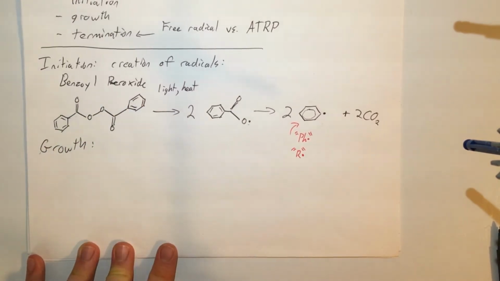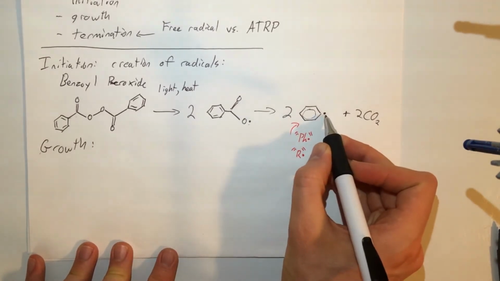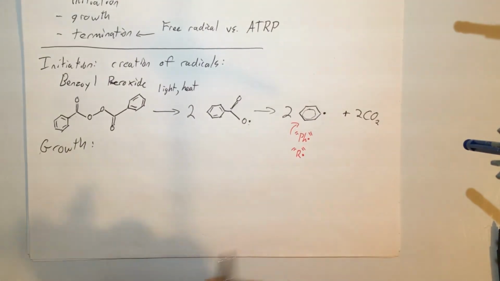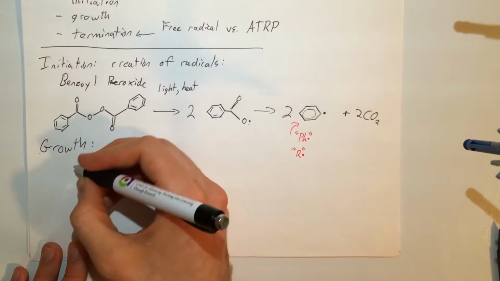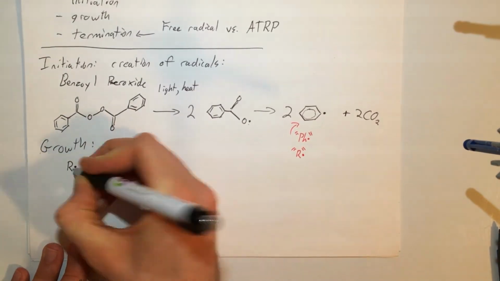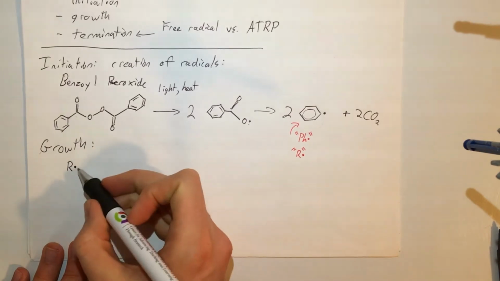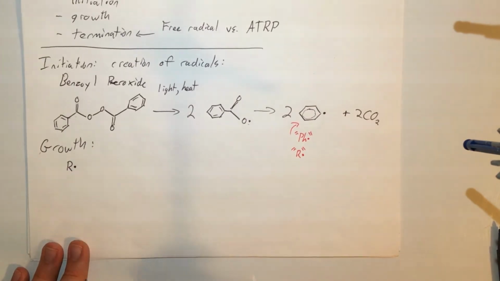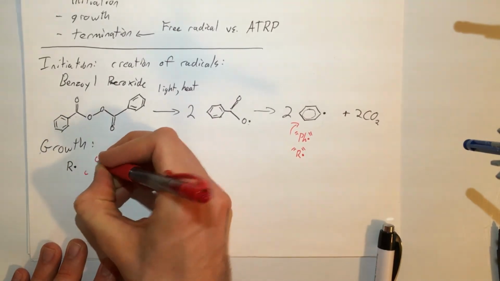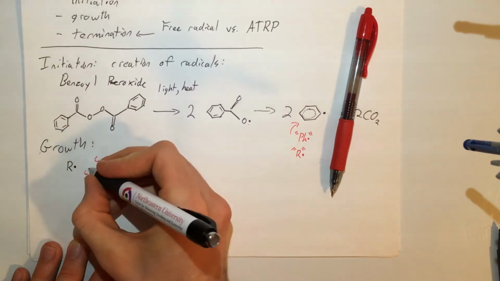And growth occurs in radical polymerization when this radical interacts with some kind of double bond in a carbon monomer. So we might have our radical right here with our unpaired electron, and this might come close to, for example, two carbons double bonded to each other.